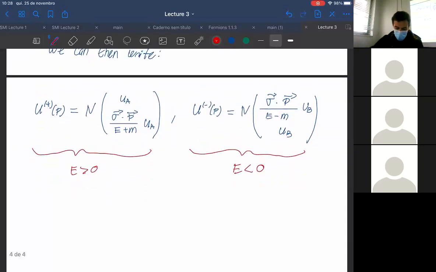Now, what to do with these spinors? What are the eigenvectors of uA and uB?